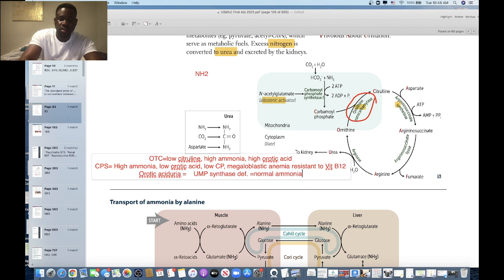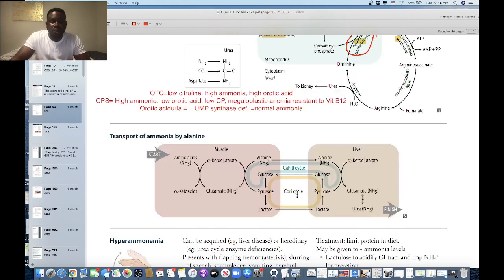It looks like this is the only one that has a normal ammonia. All of them have high ammonia. Only this one has normal ammonia. So if you have normal ammonia, it's most likely to be right. You have to differentiate these three things. If you can, you always score a point on the NBMEs. So thanks. Now let's go to the next one.